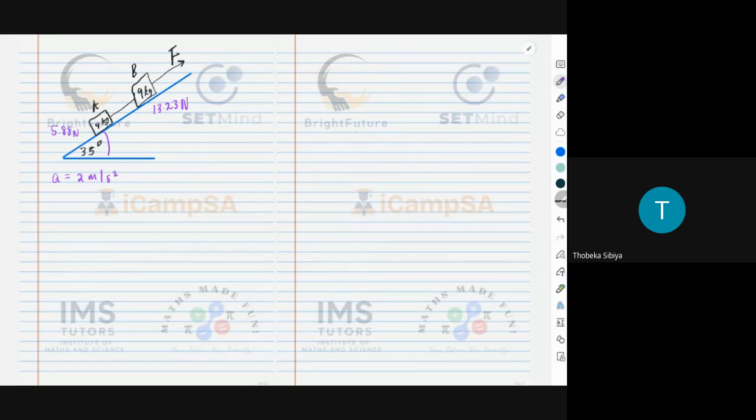So for me to see that you understand, you need to guide me here. The first thing they want is the free body diagram for box A. So let's talk. How do I draw a free body diagram? Let's start with box A.